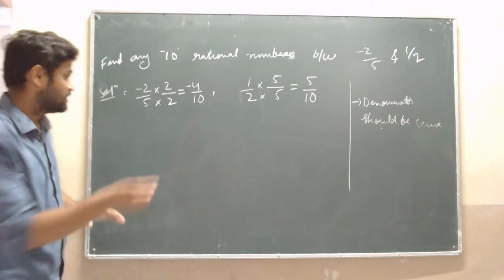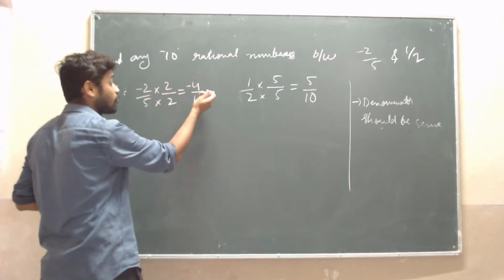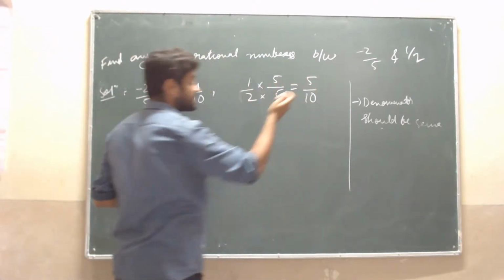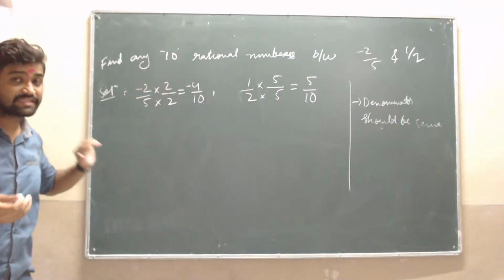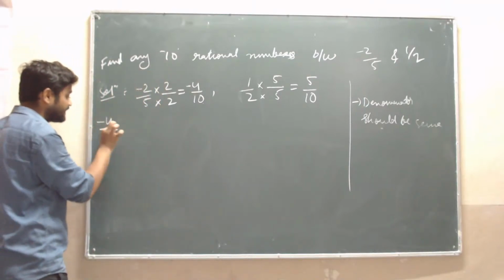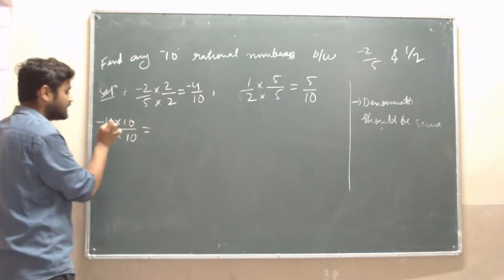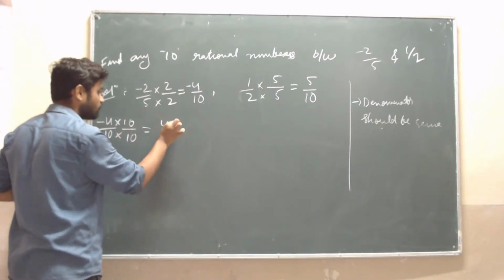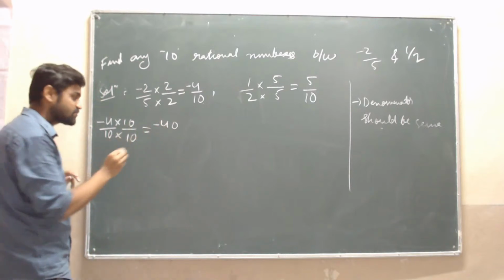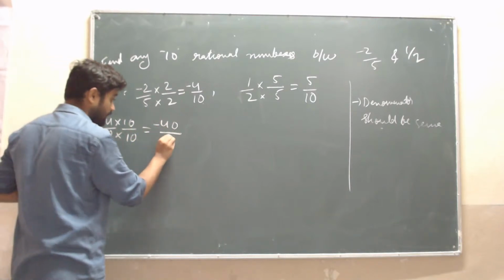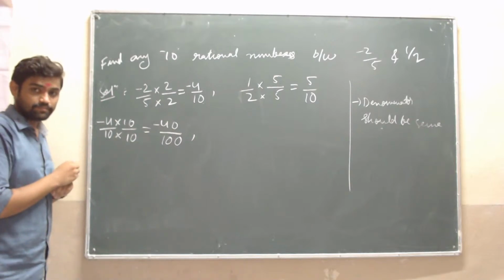See here, we will not get between minus 4 by 10 and 5 by 10, that is 10 rational numbers. That's why we are multiplying and dividing by 10. What we will get? 4 times 10 is 40, minus 40, then 10 times 10 is 100.